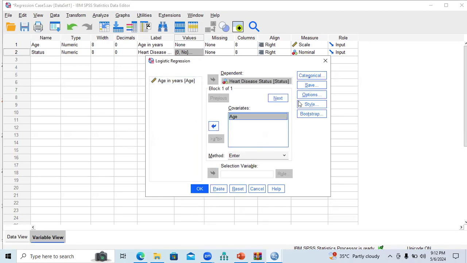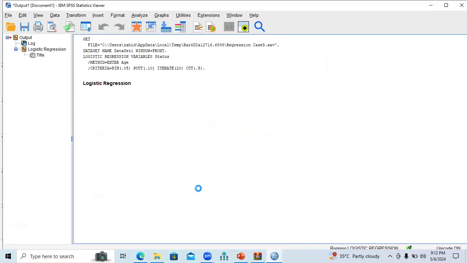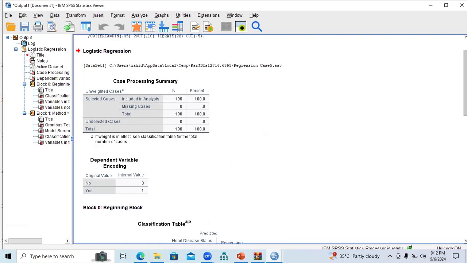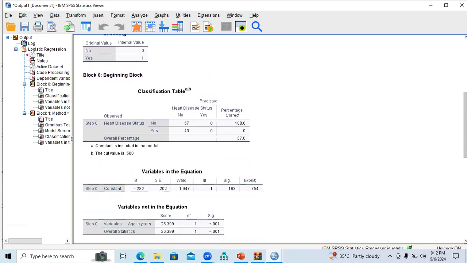You don't need to do anything with the remaining options. You just click on OK, and you will see some results like the case processing summary and dependent variable encoding. You just need to ignore these aspects, especially the Block 0 beginning block. You don't need to consider any table from Block 0.